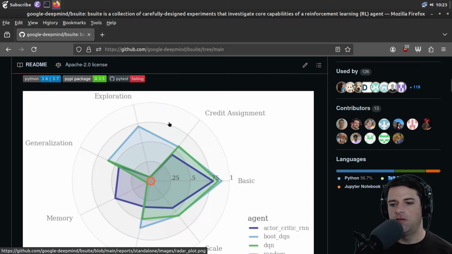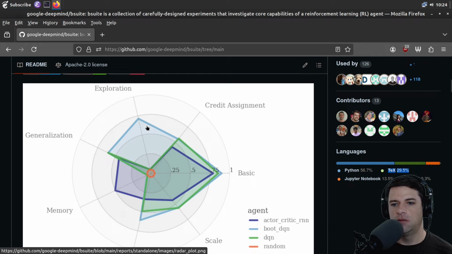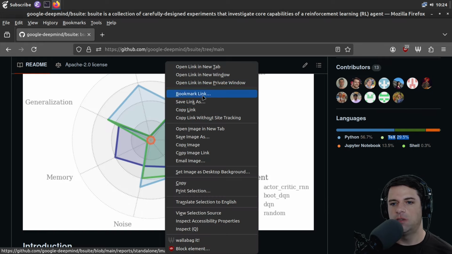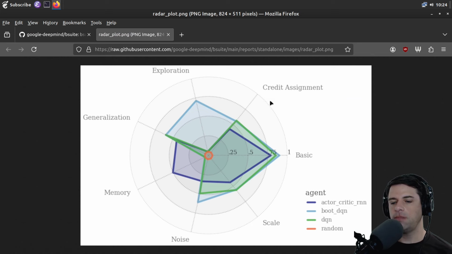And this is just a graph of some of the stuff they test. I could pop this out so we don't clip it. So this is a radar graph, I think it's called. I guess each spoke of this wheel is a continuum from 0 maybe to whatever max is. I don't know if these all are on the same 0 to 1 scale, but I think they may be.